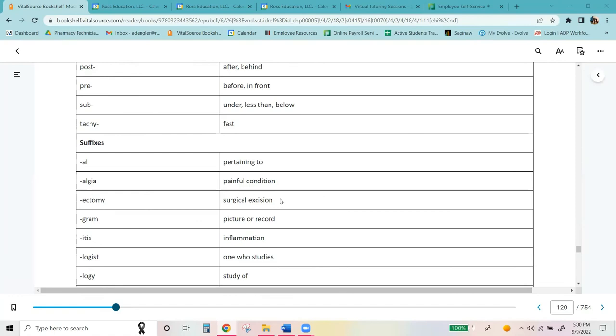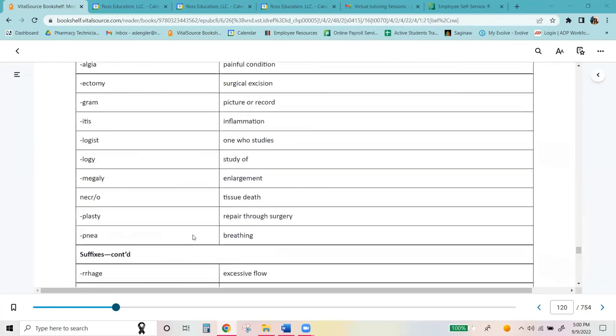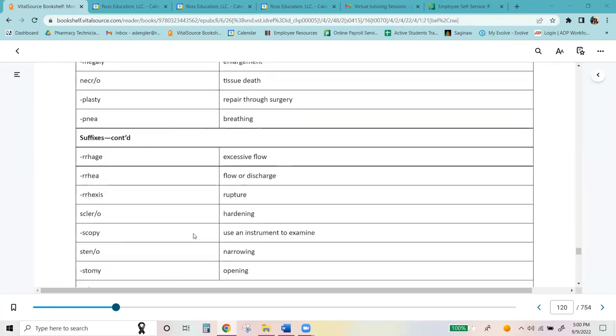Ectomy at the end is a surgical removal of something, so vasectomy, for example. We talked about itis, how if that's at the end of something, it means inflammation of whatever body part. And then we have some more suffixes here.